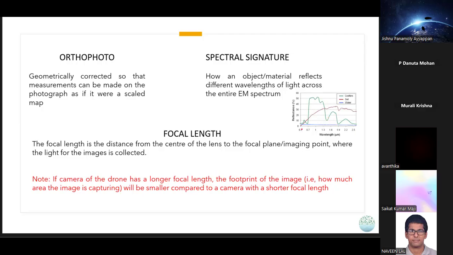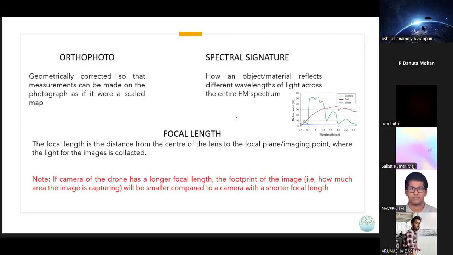A tree or a leaf always reflects the green energy. That is why we perceive leaves in green color. And the red and blue are always absorbed. And there's a sudden peak here, that is, vegetation reflects NIR, near infrared energy, more.